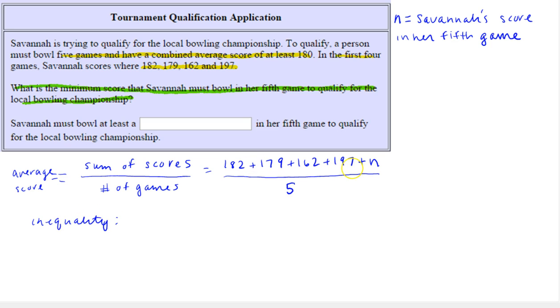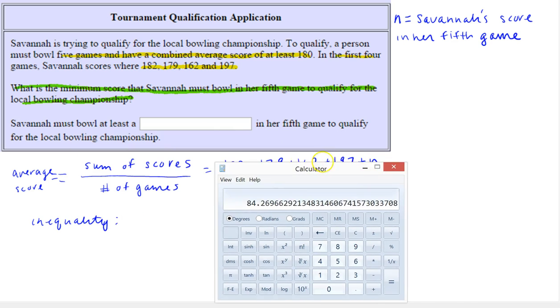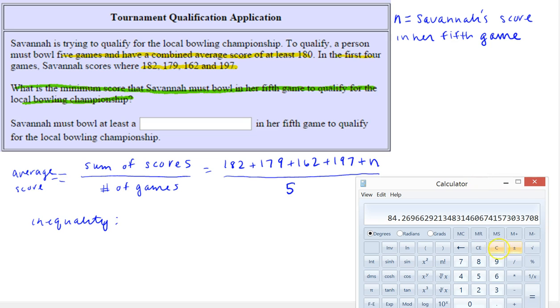would be this expression. Let's add these 4 numbers together real quick. So we're going to add 182 plus 179 plus 162 plus 197.